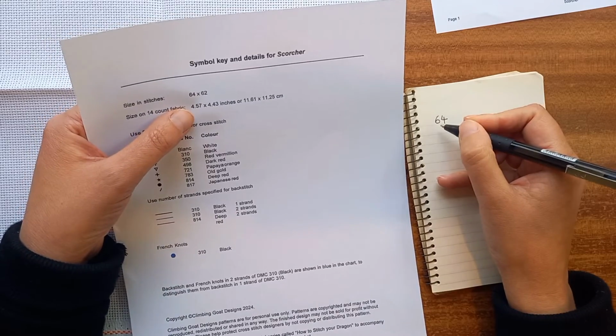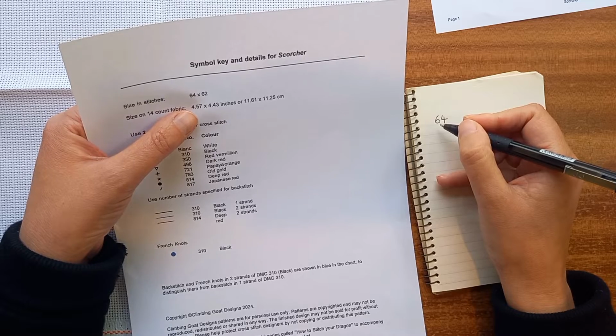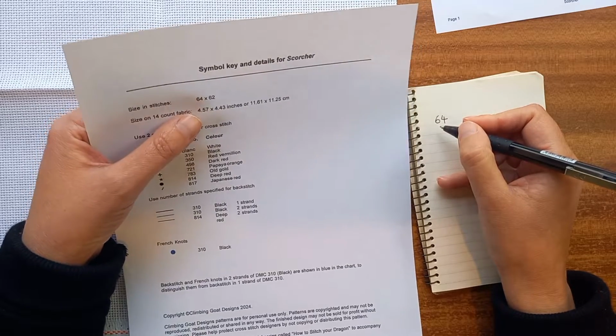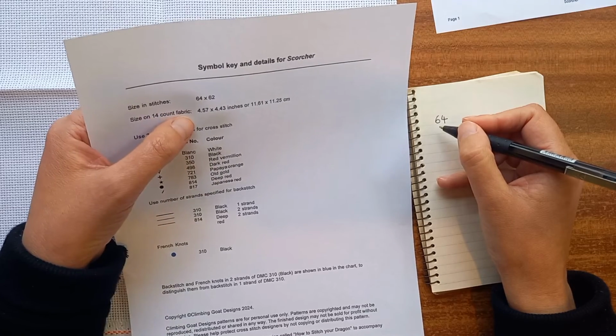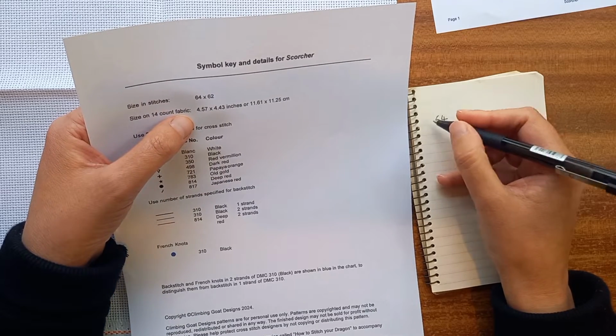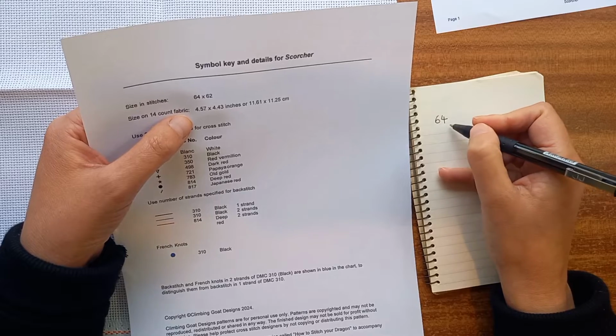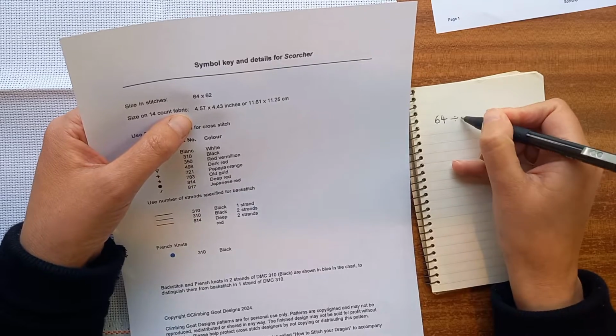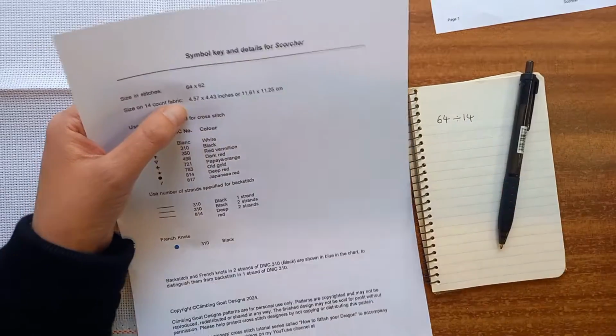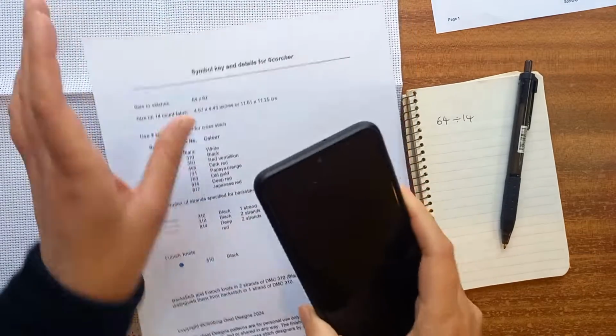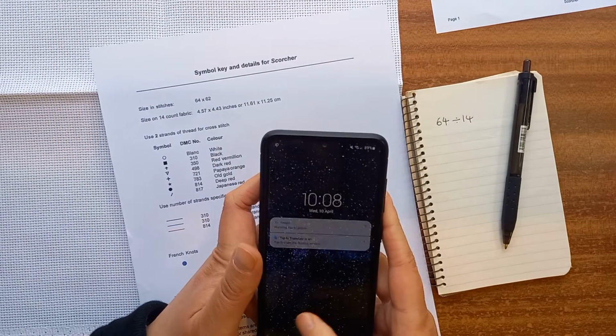Now the Aida count means that you have 14 stitches per inch if you're using 14 count fabric. So that means that we just need to divide our 64 by 14, which you can do in your head if you want, or you can get your calculator on.